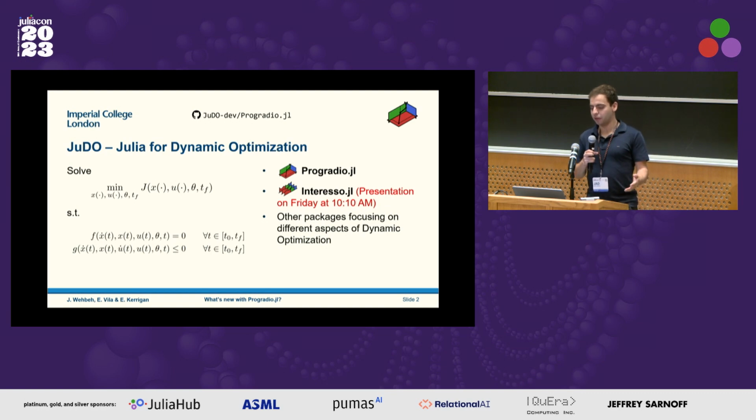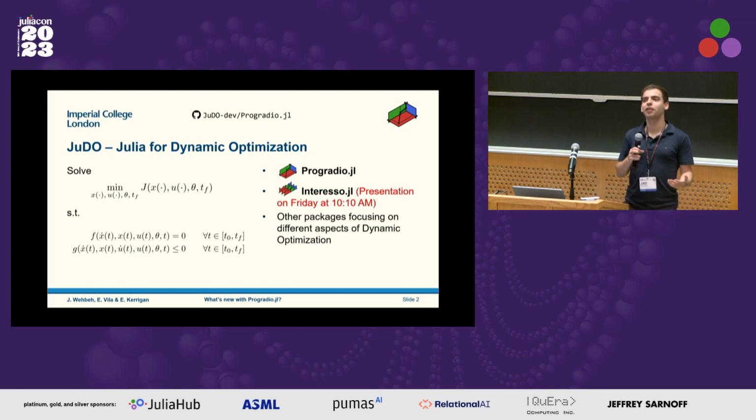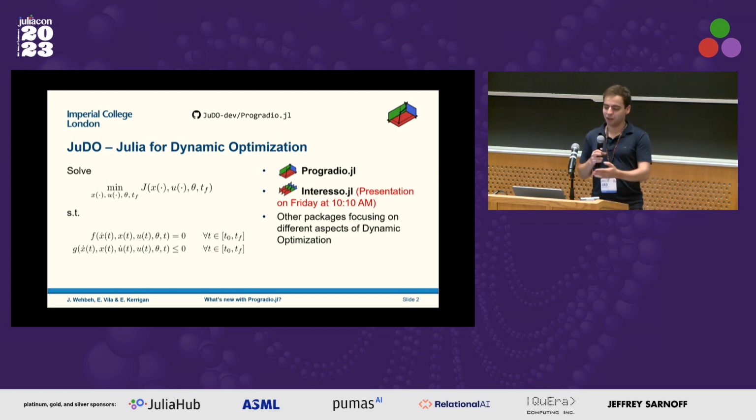So we do this within the context of what we call JuDO, which is this Julia for dynamic optimization organization we have that has Progradio, Intereso, which Eduardo will be presenting on Friday, and a bunch of other packages in Julia.